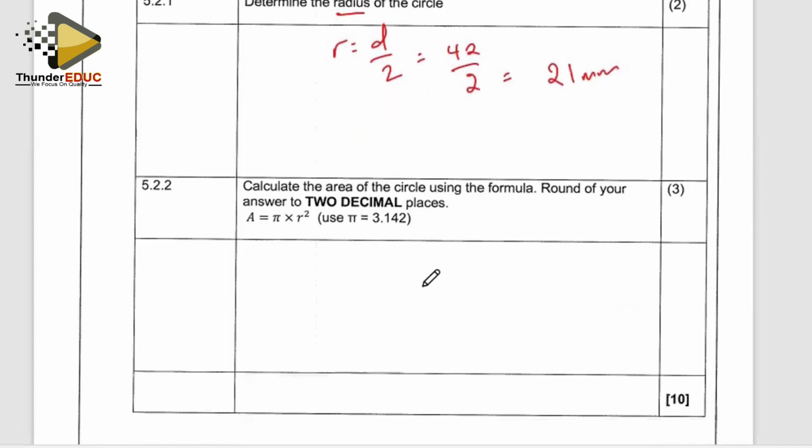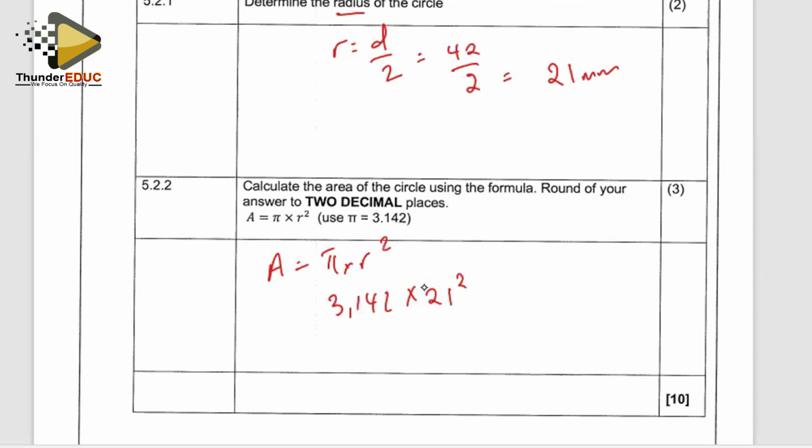Then 5.2.2, they want us to get the area of the circle using that formula. We know that the area is given as pi times the radius squared. 3.142 times 21 squared.